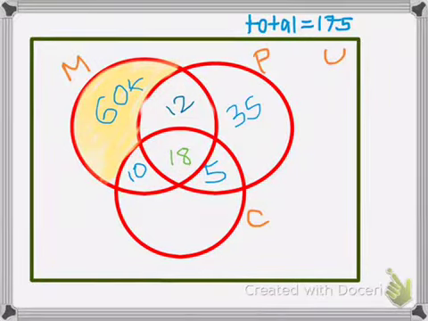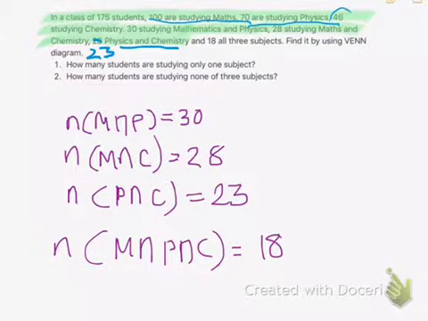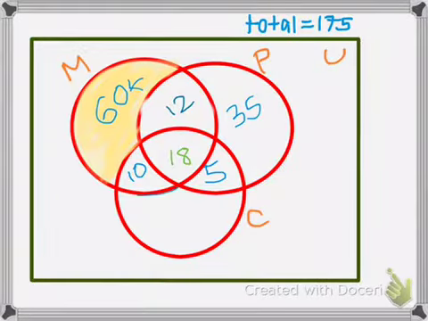This gives 35. We also know that there are 46 students studying chemistry, so we can find the number of students studying only chemistry. This is the portion that represents students studying only chemistry. So 46 minus 10 minus 18, here I have applied the similar method, which on solving gives 13.